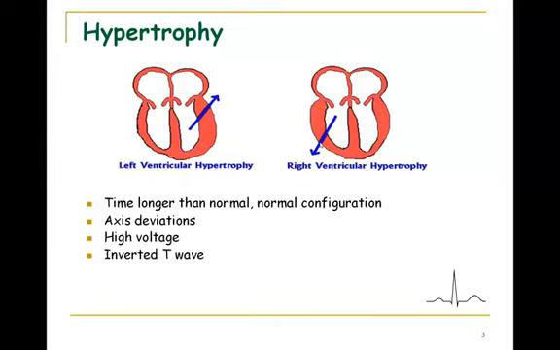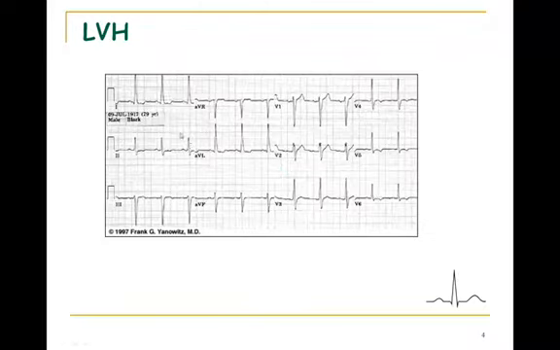Now normally, in a normal EKG, in V1 you'll have an S wave. In V5 and V6 you'll have an R wave. So this is opposite to what you would see in a normal EKG. And I have examples to show you.